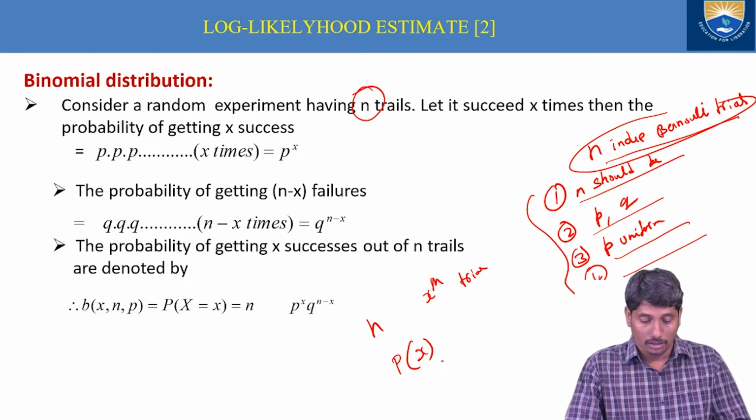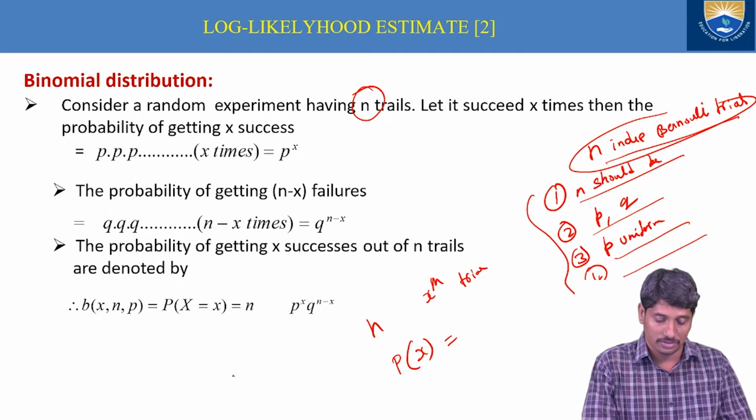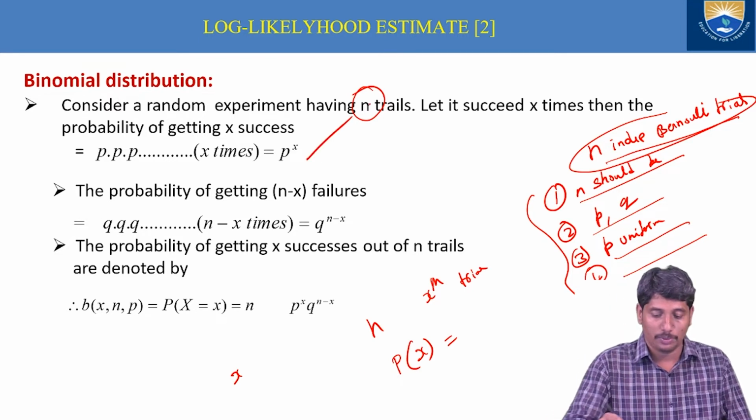Suppose I have attempted x times, and I want the probability of being successful in all trials, which will be small p for x.